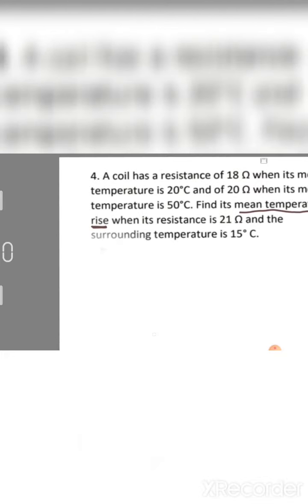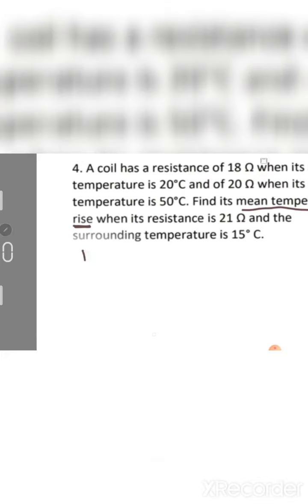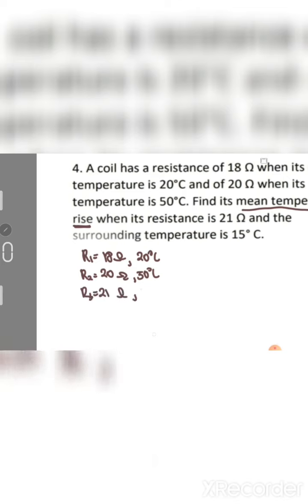We have your R1, which is equal to 18 ohms, at 20 degrees Celsius. And then we have our R2, which is equal to 20 ohms, when its temperature is 50 degrees Celsius. And then we have your R3, which is equal to 21 ohms, at unknown temperature, minus 15 degrees Celsius.